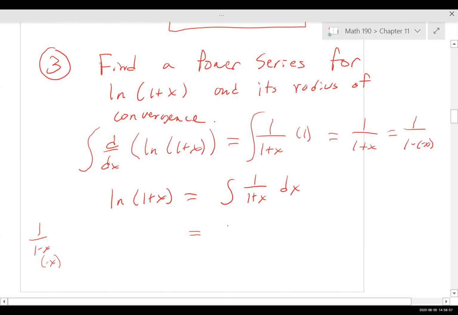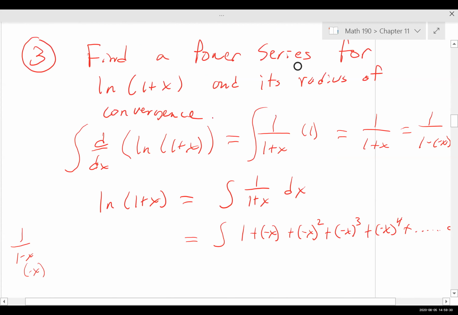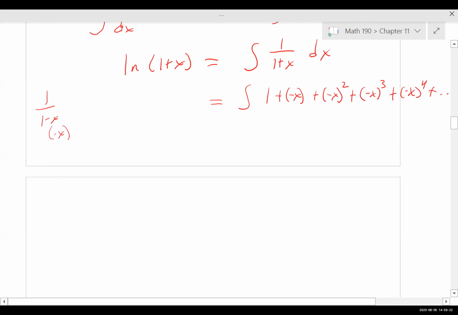So this is going to be the integral of 1 plus negative x plus negative x squared plus negative x cubed plus negative x to the fourth plus dot dot dot dx, right? Okay.